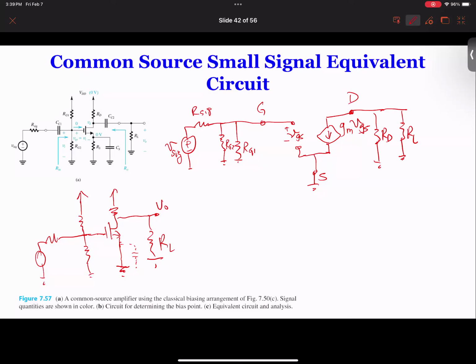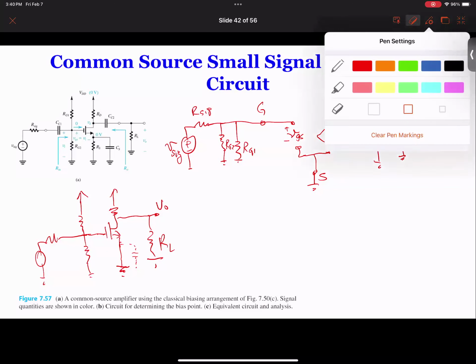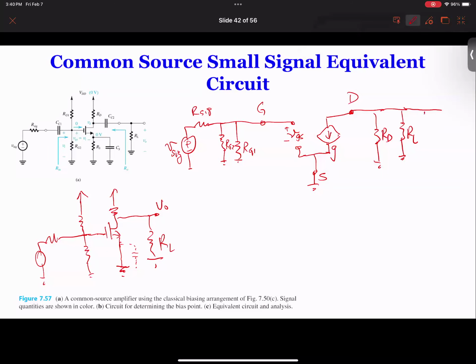From drain to source is RO, the early resistance. So basically, you can connect this one. Often we write that one inside to make it easier, so I'll do the same thing. So this is GM, and this is RO connected to ground. Right? So we have three resistors at the output.